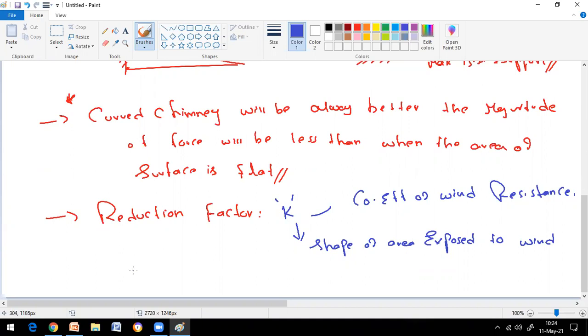That means K for a circular cross-sectional shape will be different, K for a square cross-sectional surface will be different, and K for a rectangular cross-sectional surface will be different, right? So K is nothing but the reduction factor. K is like a coefficient of wind resistance, which always depends on the shape of the area exposed to the wind. If anyone asks you what you mean by K, you should say K is nothing but the reduction factor.